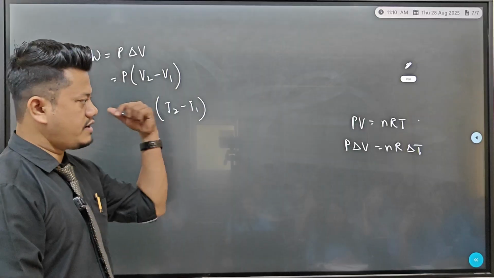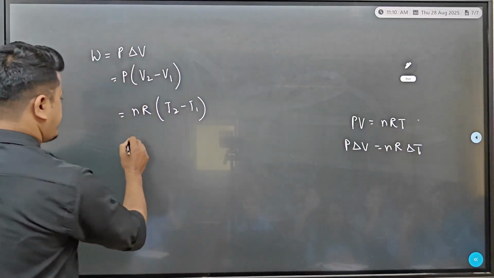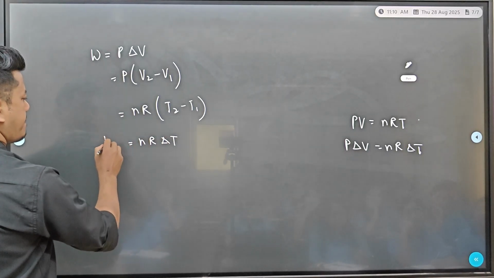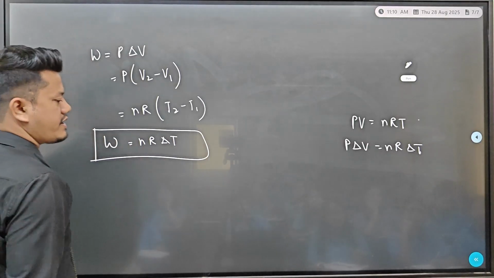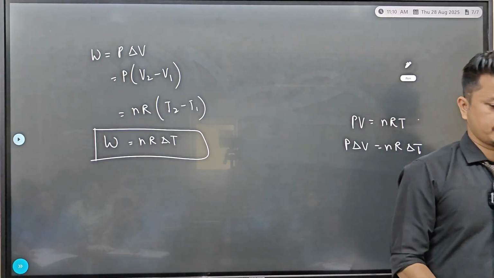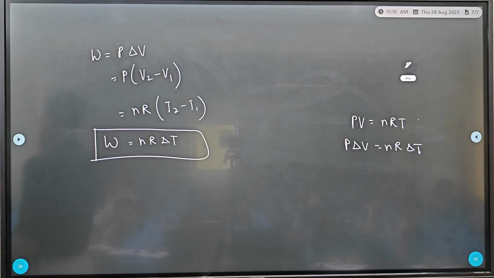P del V is equal to nR del T. So work done under isobaric process is given by nR del T.